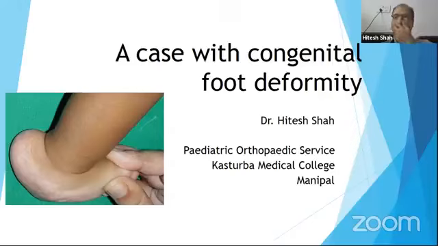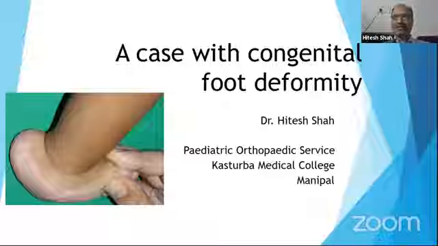One of the common case scenarios in OSCE is foot deformity. The most common case is clubfoot, but I am not discussing clubfoot, because idiopathic and non-idiopathic clubfoot and the Ponseti principle are commonly expected from postgraduates.